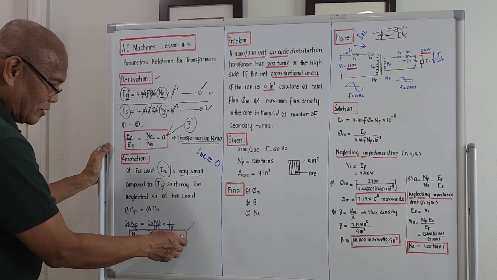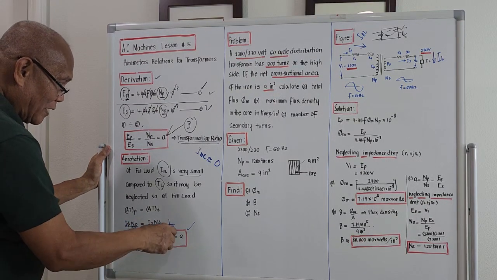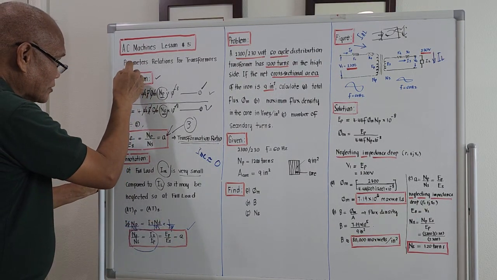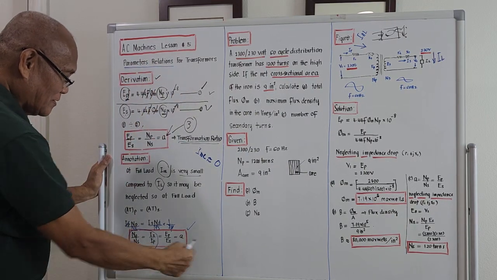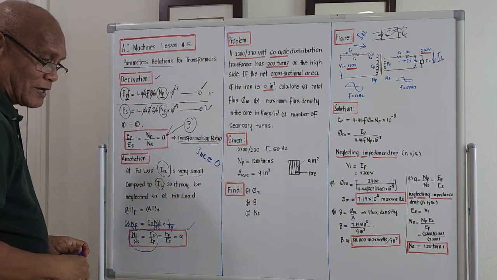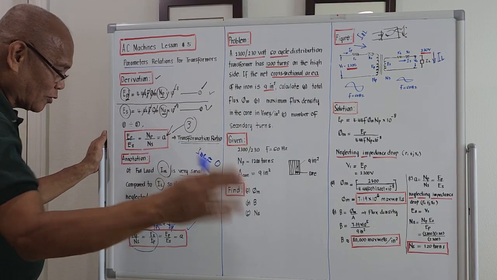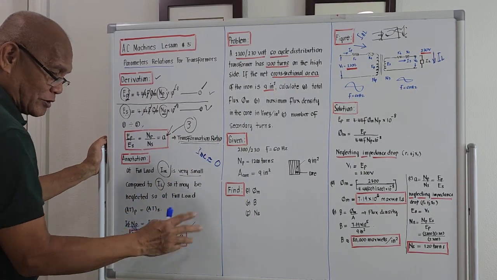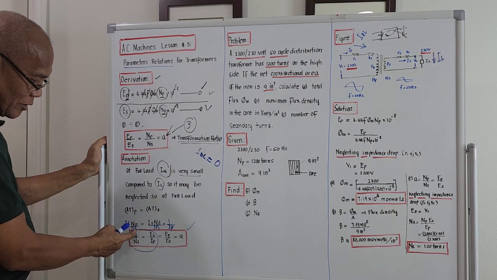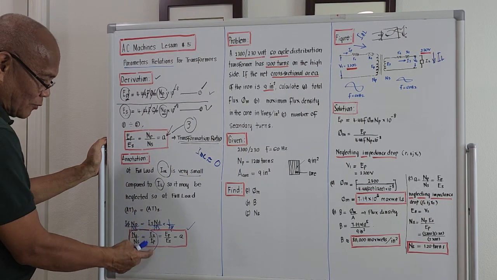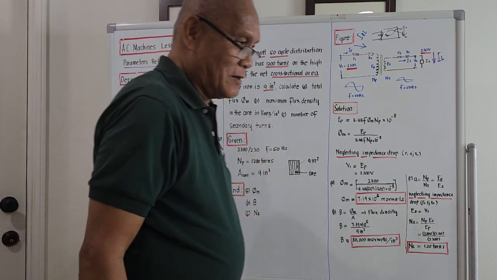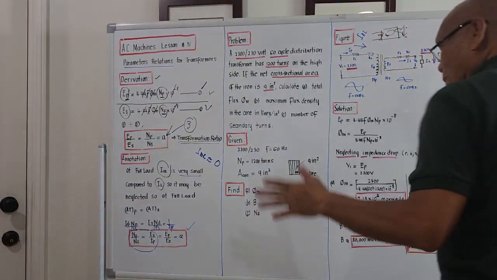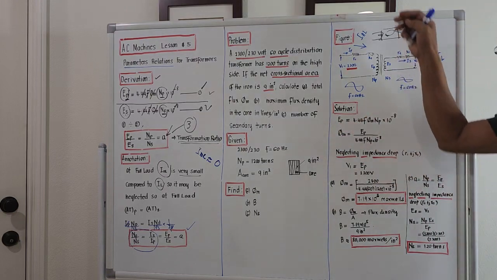So this is now the compressed equivalent of the parameter relations. Don't forget this one. As long as we are studying transformer, transformation ratio can be solved by taking the ratio NP over NS, IS over IP, and EP over ES. That's the relation of the parameters for the study of transformer.